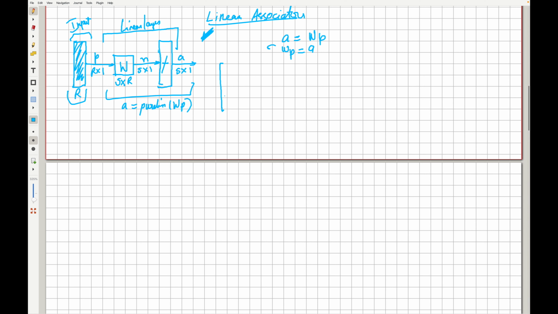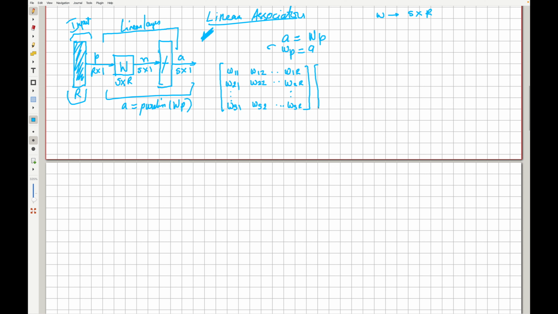So W would be something like this: W11, W12, all the way up to W1R, because W has the shape S by R, and the next row would be W21, W22, all the way up to W2R, and then down here we have WS1, WS2, all the way up to WSR, and that's the weight matrix that stores the patterns.